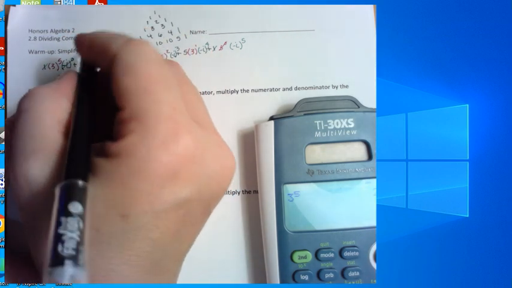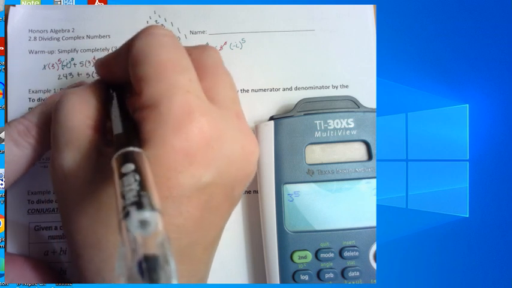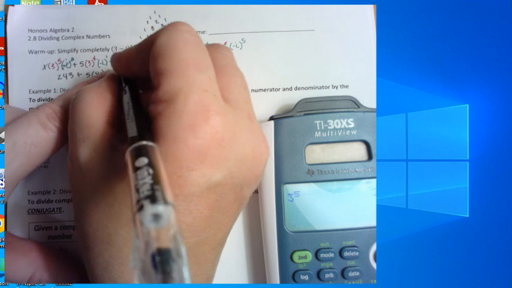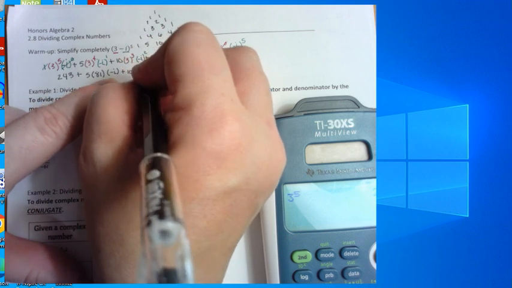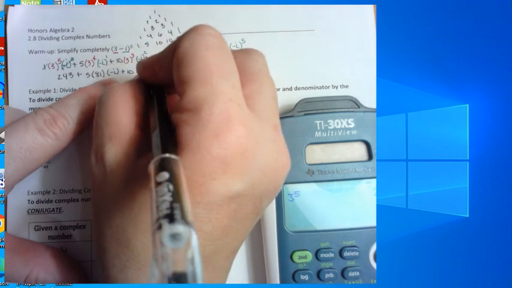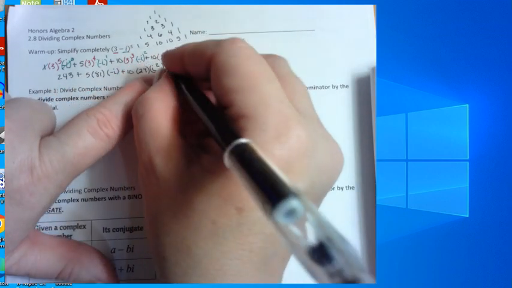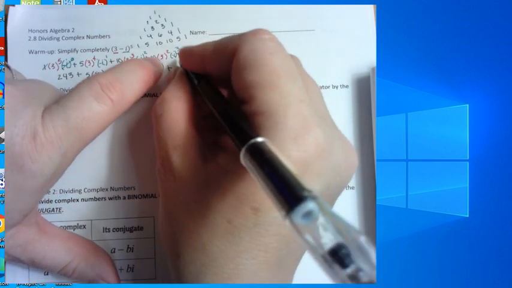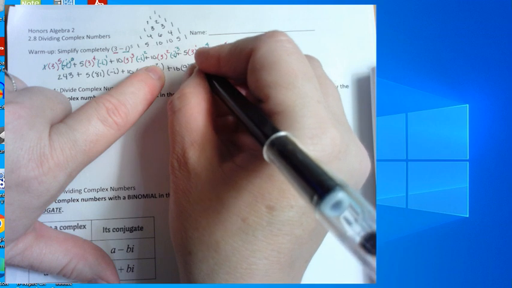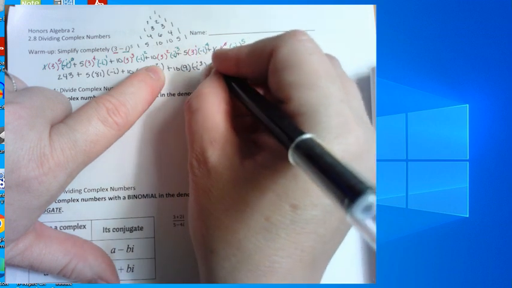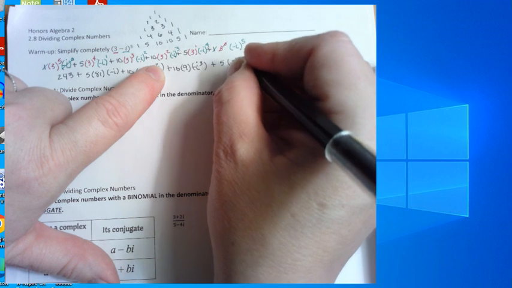Plus 5 times 3 to the 4th, that's 81, times negative i, plus 10 times 3 to the 3rd, which is 27, and negative i squared just becomes i squared, and then 10 times 9, and negative i to the 3rd is going to stay negative i to the 3rd, plus 5 times 3 times i to the 4th.